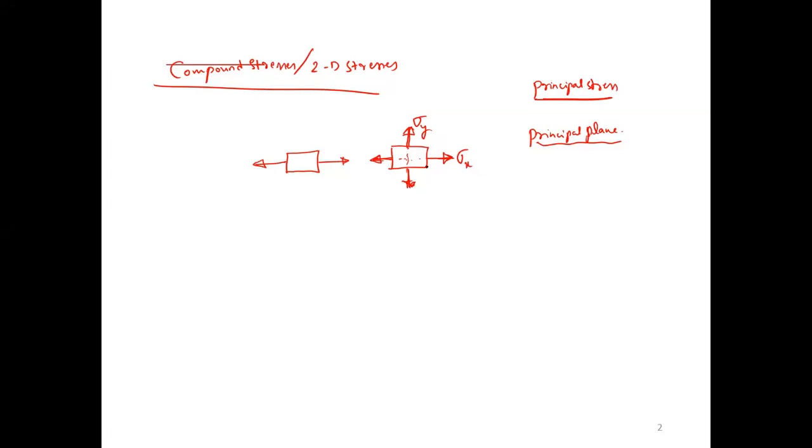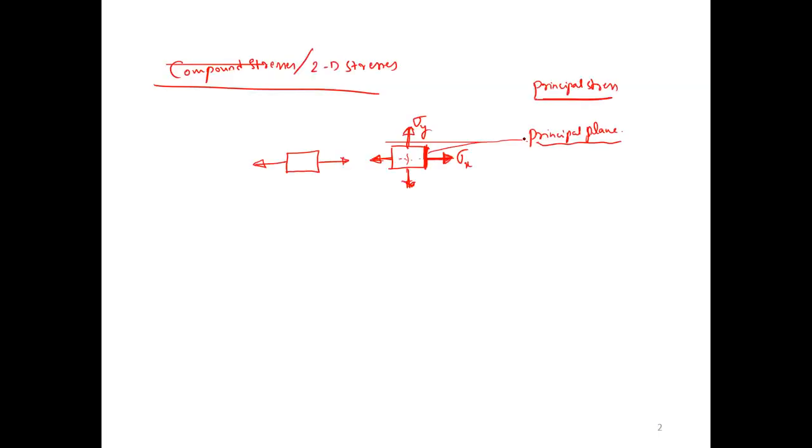See here, for sigma x acting, which is the plane? This one. On the surface, are any shear forces acting? No, shear force is 0. That's why for sigma x, this is the principal plane. For this sigma y, which is the plane? This one.